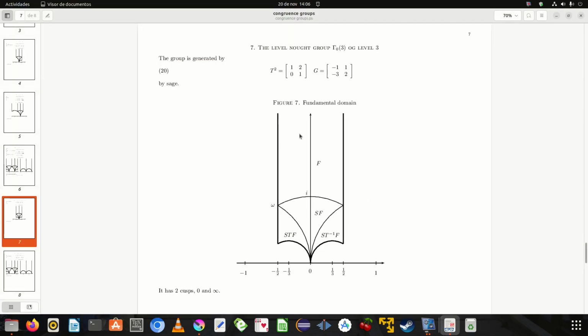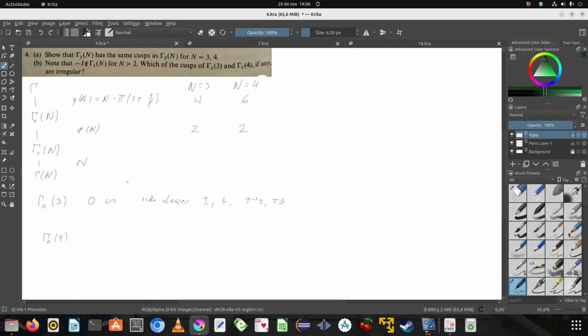I have it here, gamma naught of level 3, generate the side class identity, S to minus first, T to minus first, S to minus first, and T S to minus first, which I have written here.